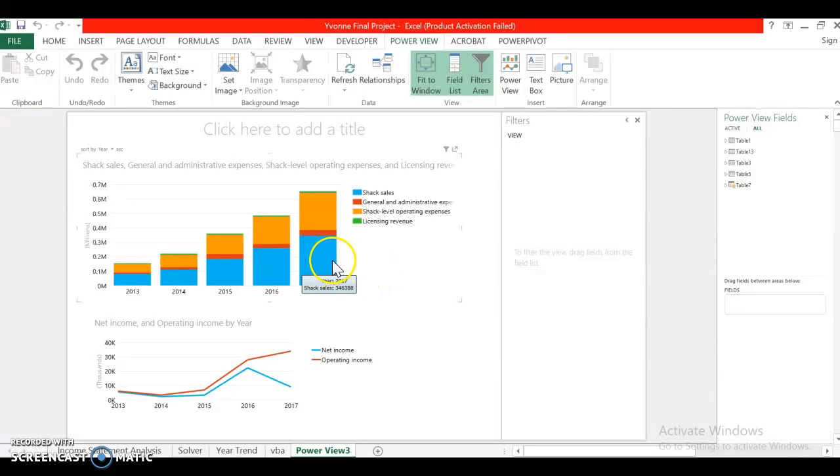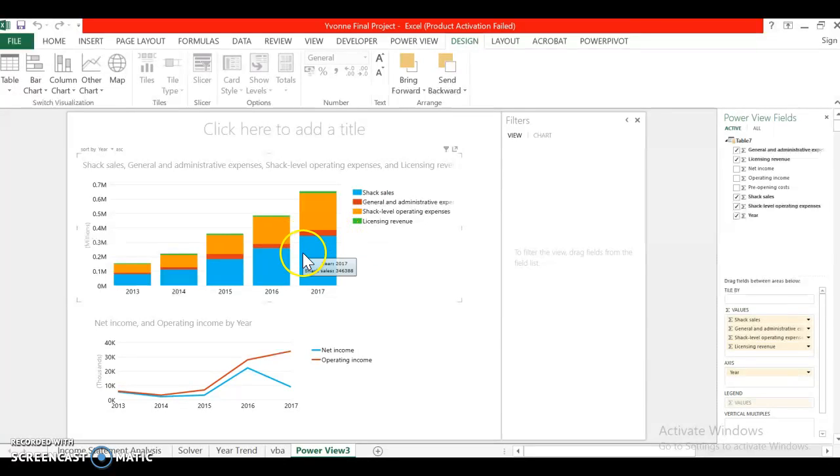In our chart graph, the very good thing that we can see here is that Shack sales, which is the blue box, has gone up consistently and significantly, which is a very good sign for the firm. And we can also see the green category, the licensing revenue, is also going up at a slower speed, not as much as the Shack sales, but it is growing.